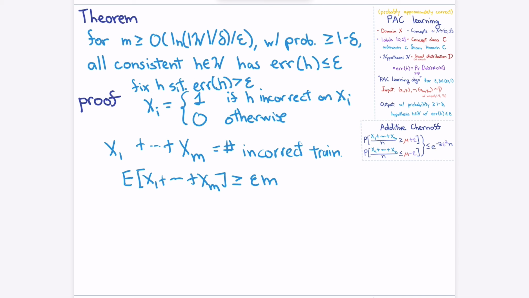How big does the average need to be for some of these things to start kicking in? Or maybe it'll be easier if I write it like this: the sum over m is greater than or equal to epsilon, right?